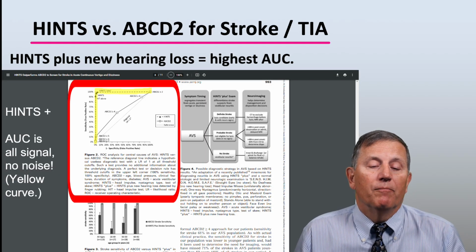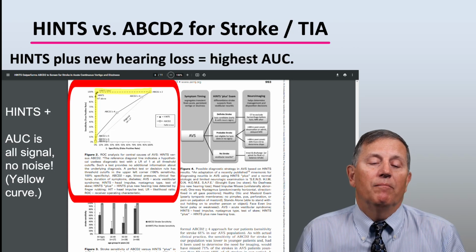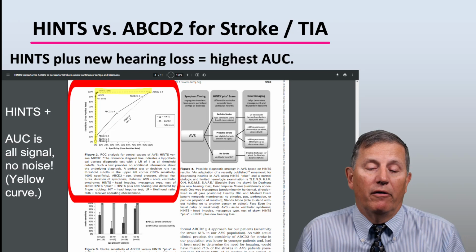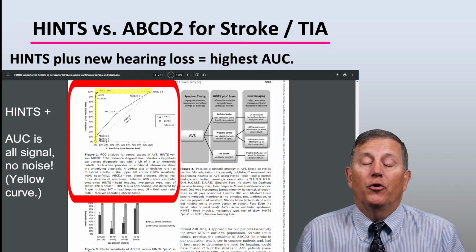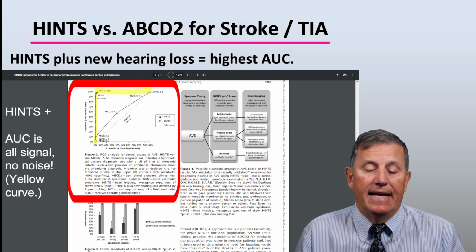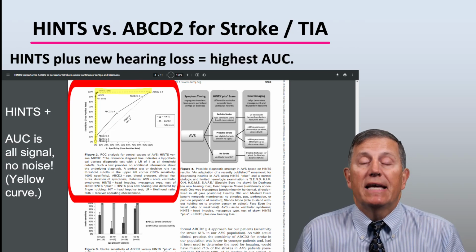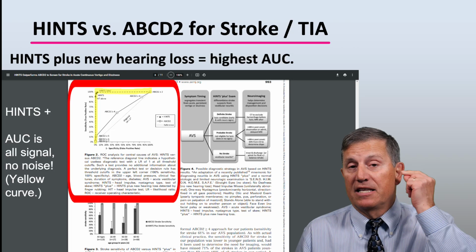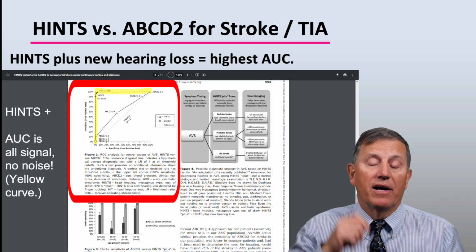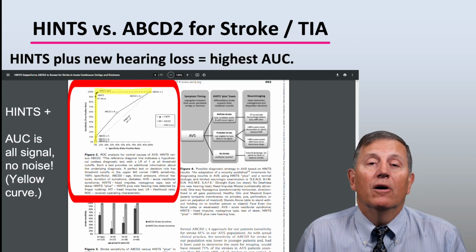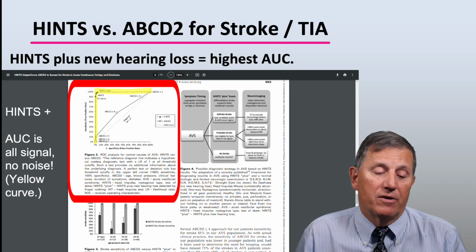In one paper, the HINTS exam was compared to the ABCD squared test in order to determine stroke and TIA. And what we know is, if you do the HINTS exam plus an assessment for new hearing loss, this gives us the highest area under the curve for diagnostic accuracy.